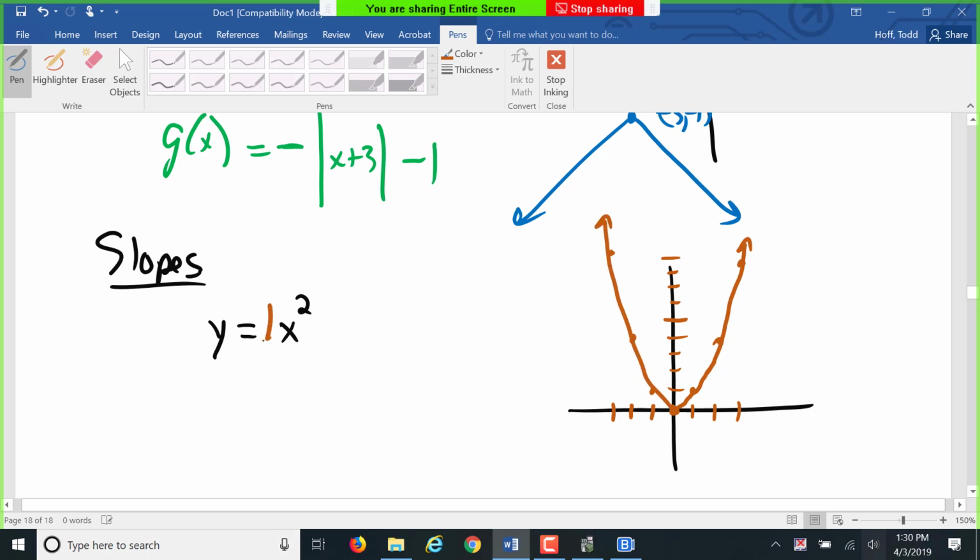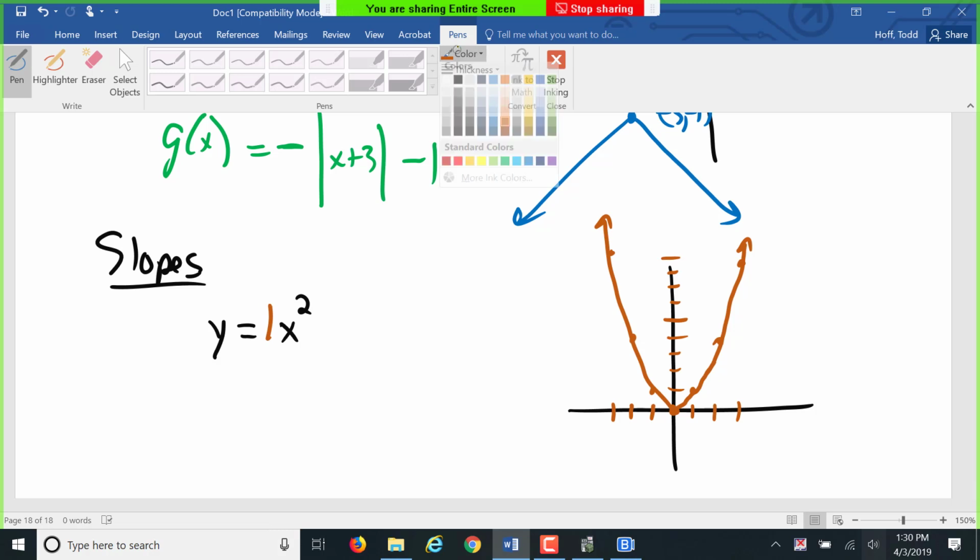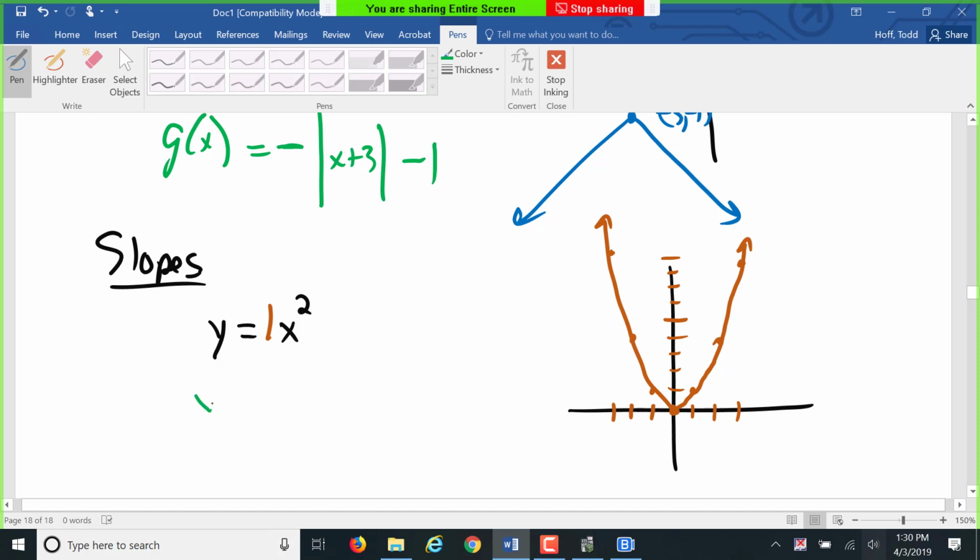Well, this can be thought of as having a slope of 1. It's 1 times x squared. If that were y equals 2 times x squared, it's technically not called a slope when it's on a parabola, but it kind of serves that same purpose. What happens now is all the rises are doubled. If we go over 1, 1 squared is still 1, but we have to multiply that by 2, so it's up 2.